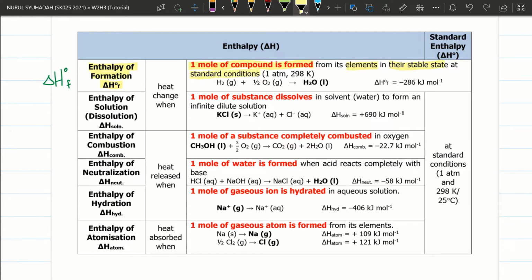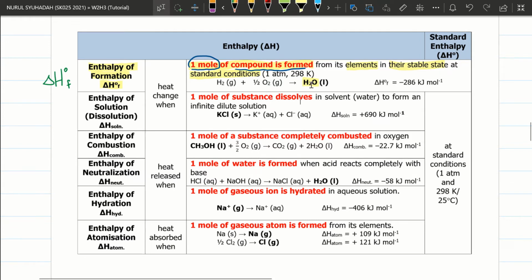So what does this mean? When I want to write down the thermochemical equation, the 1 mole must refer to the compound formed. From this equation, the one that I want to form is H2O. So you need to make sure that H2O is 1 mole.